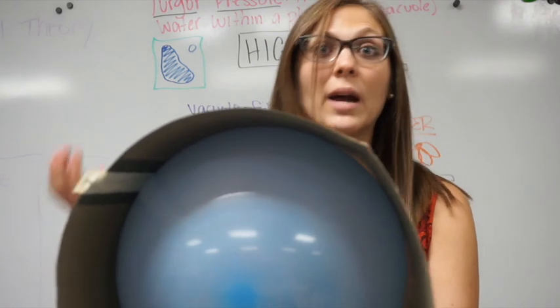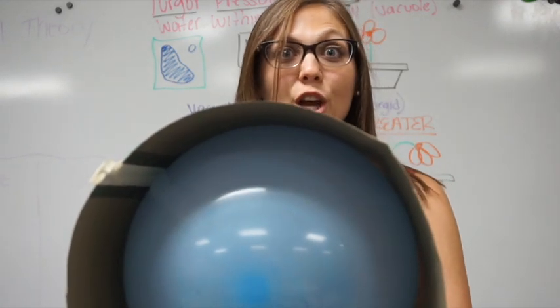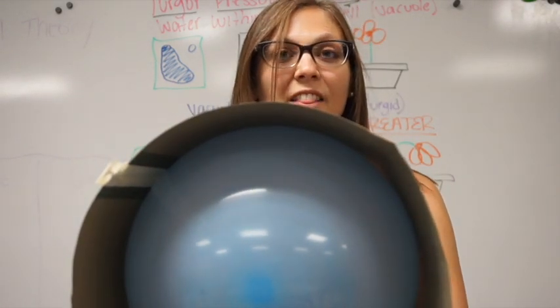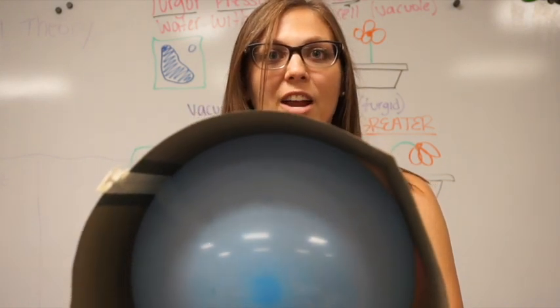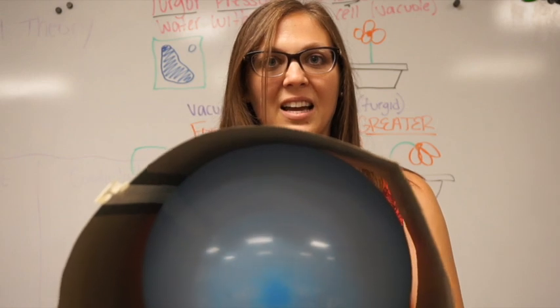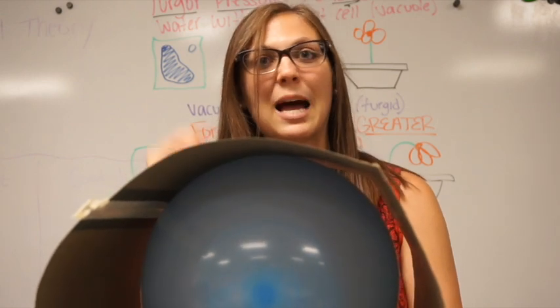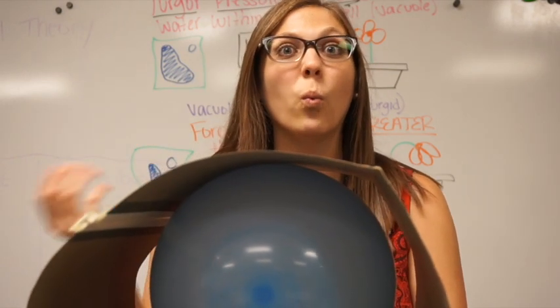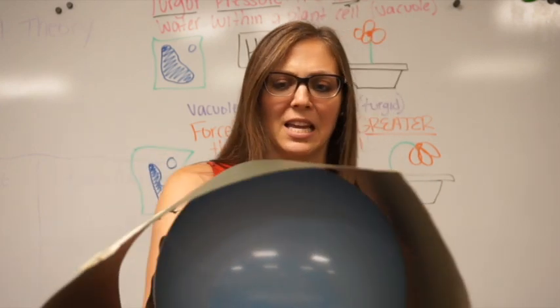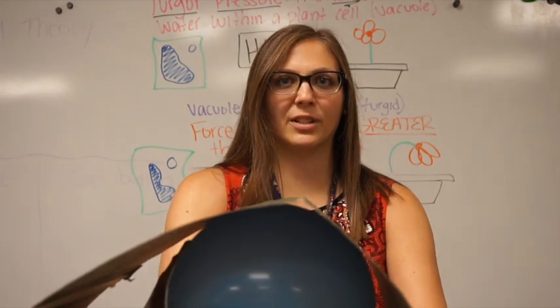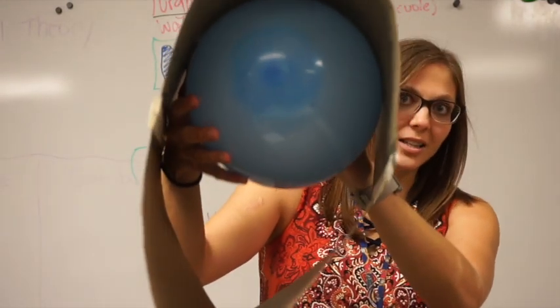Well then, what happens if you don't water your plant? Slowly, that water is going to come out, so I'm going to let a little bit of air out of my balloon. And what do you start noticing that's happening to the cell wall? What is pushing on what? Well, as you can see, if I keep releasing that air, I have a lot of space now.